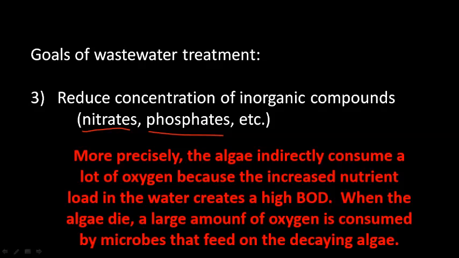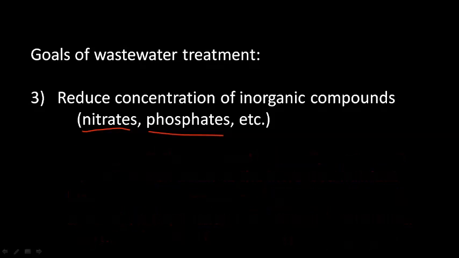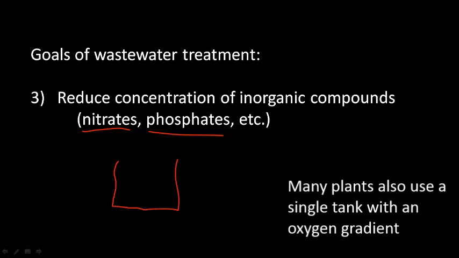We didn't really explicitly cover how inorganic compounds are reduced, but essentially it's a process called simultaneous nitrification, denitrification. During the secondary treatment process, the activated sludge treatment, most plants will use multiple tanks that contain decreasing levels of oxygen.